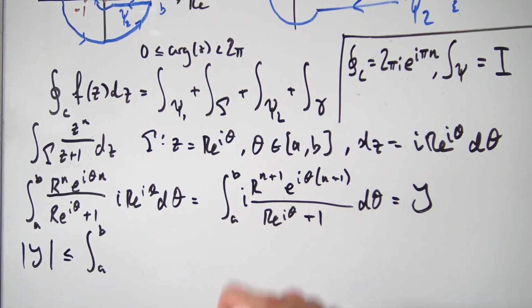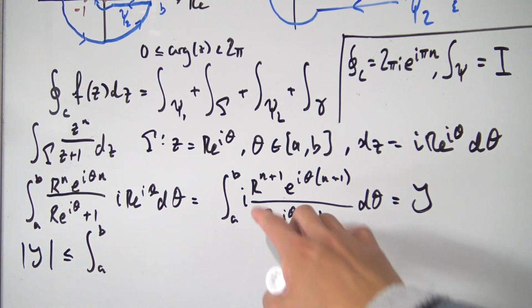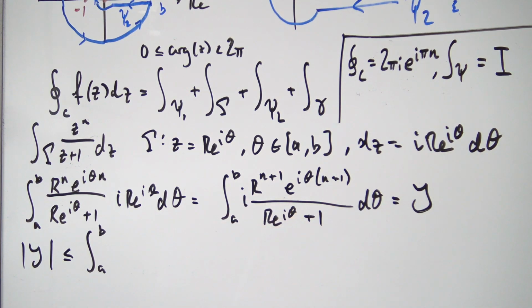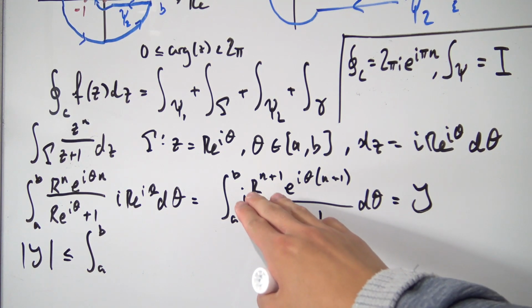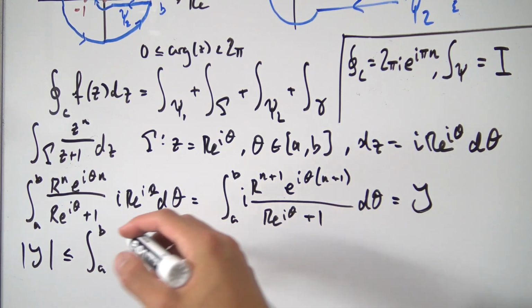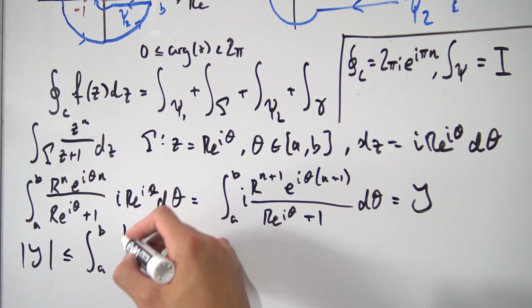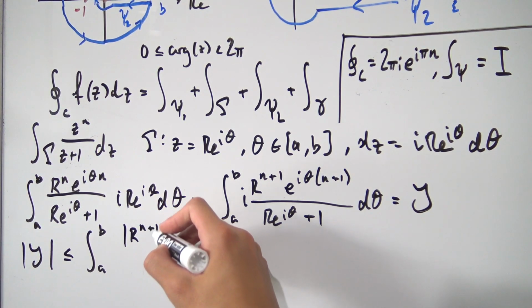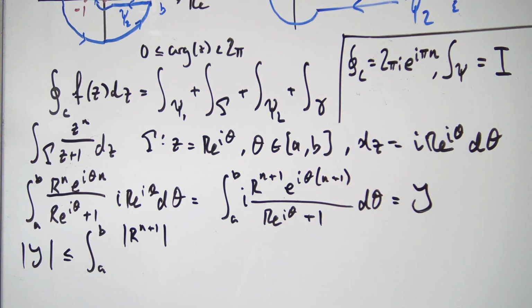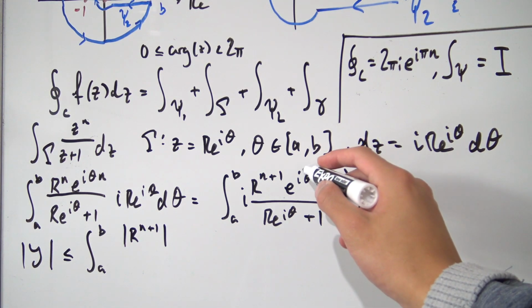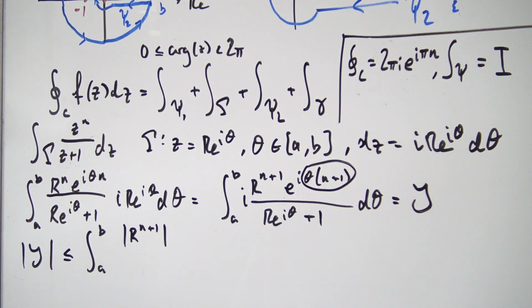And here we're going to be taking absolute values of literally everything right here. So absolute value of I, that's just 1, so let's ignore that. And then let's take the absolute value of everything up here. And notice we can split the absolute values up right here as well. So absolute value of r to the n plus 1, that's just r to the n plus 1 like so. And then absolute value of e to the I theta times some real number. Notice that this whole thing right here is a real number altogether because we're defining n as a real number and theta is a real variable.